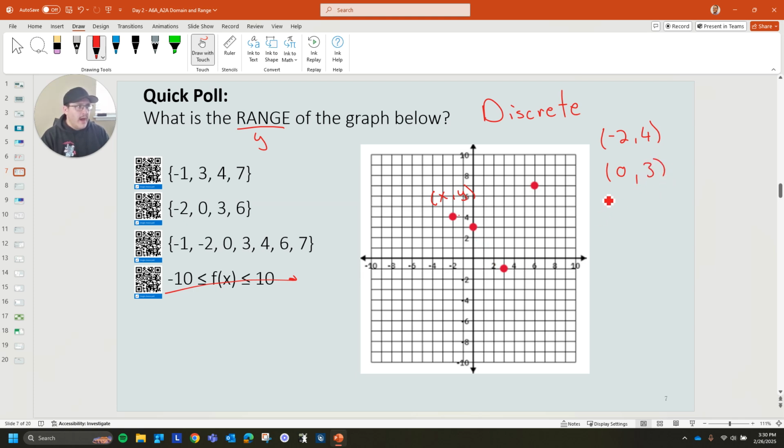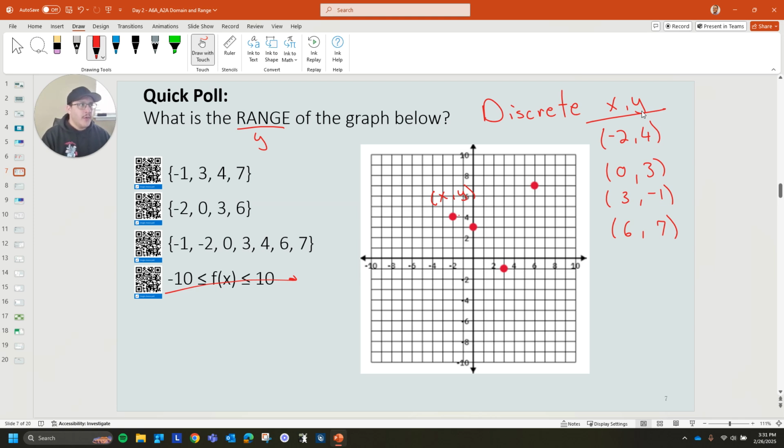For the next point, I have 3, -1. And then for the last point, I have 6, 7. These points, like I said, are in terms of x, y.